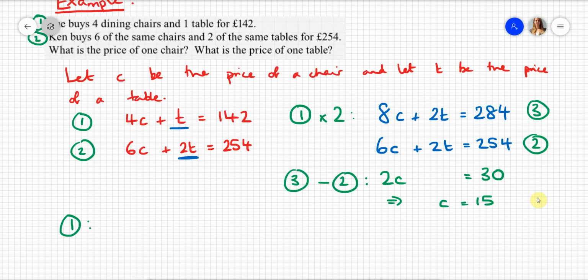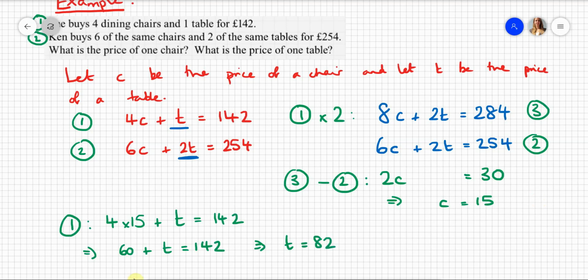So 4c, 4 times 15, plus t equals 142. Gives us that 60 plus t equals 142. And so that gives us that t equals 82.